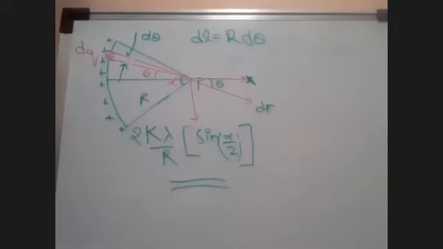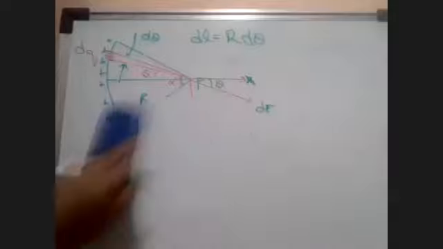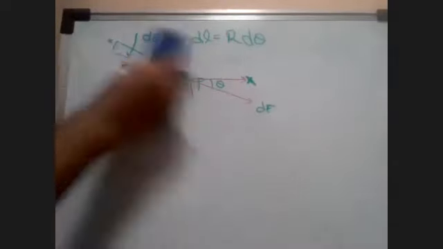Now with the help of this, we can derive equations for many other systems of charges in terms of arcs. Now we will see the electric field intensity due to a charged half ring.